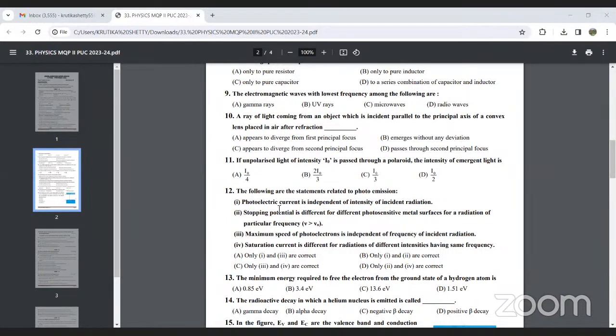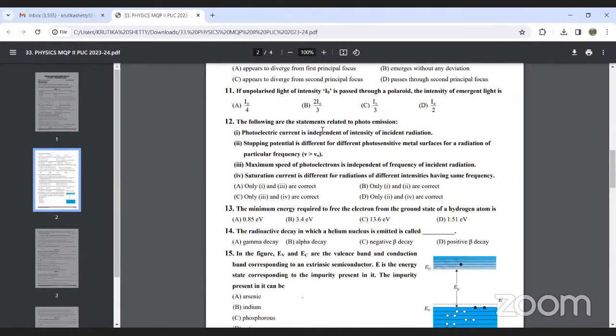Question number 12. The following are the statements related to photo emission, the photoelectric effect. Photoelectric current is independent of intensity of incident radiation. Stopping potential is different for different photosensitive metal surfaces.